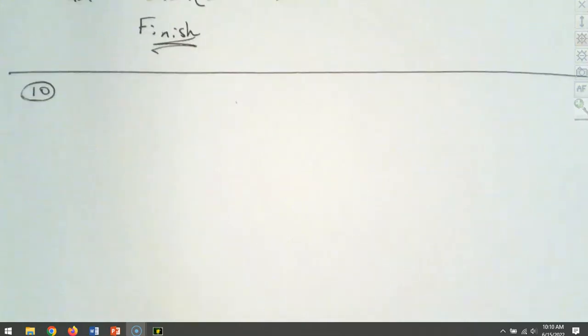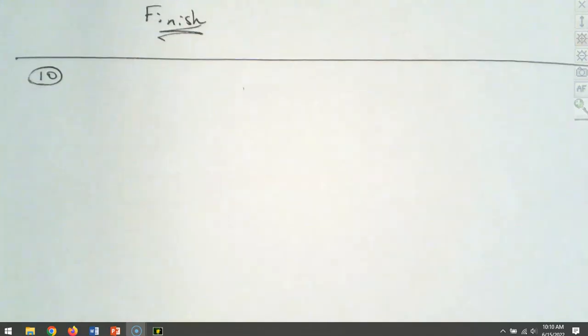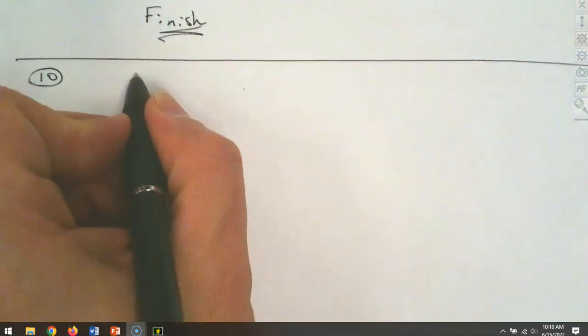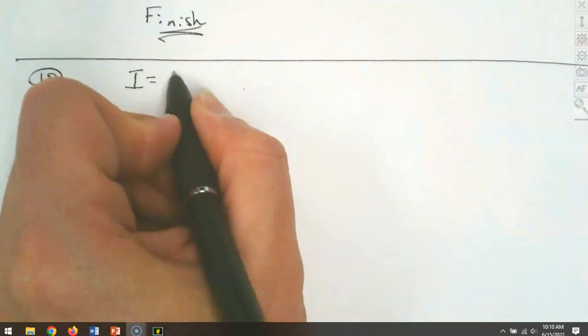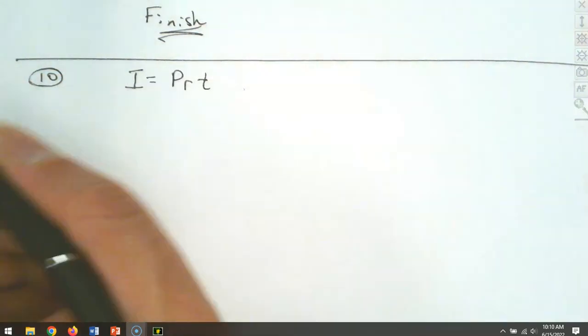And this one has months in it. So we have to make sure when we work with this particular question that we actually make sure we use years instead of months. Now our interest formula is I equals PRT.